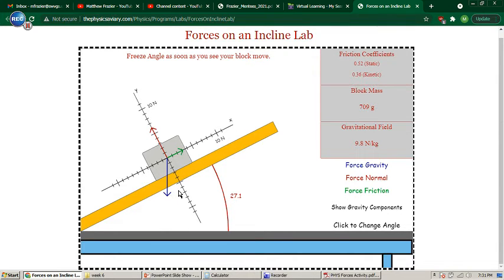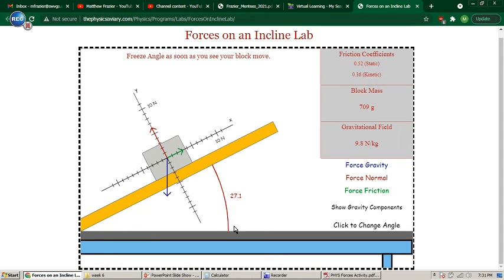Right? I'll have to draw that out for you here in another video on paper. But that coefficient of friction is a ratio of sine to cosine, which means it's tangent. So mu should be tangent theta.